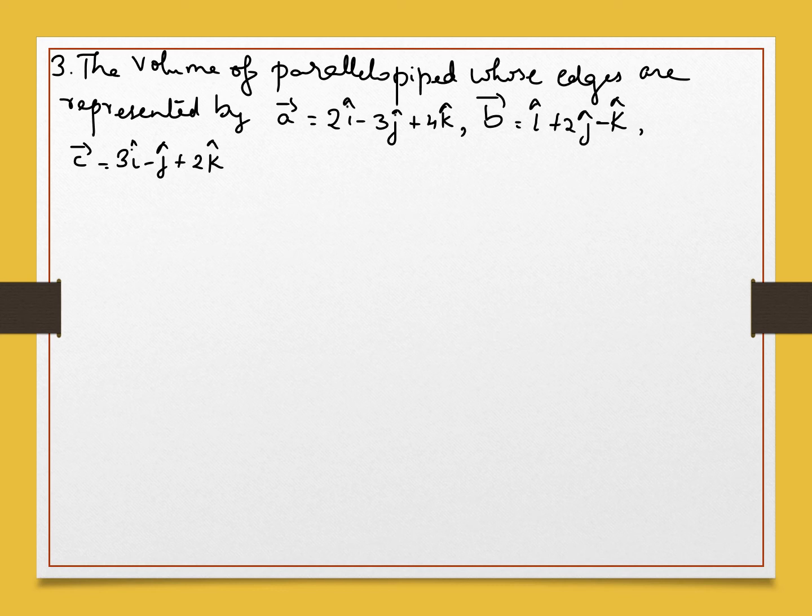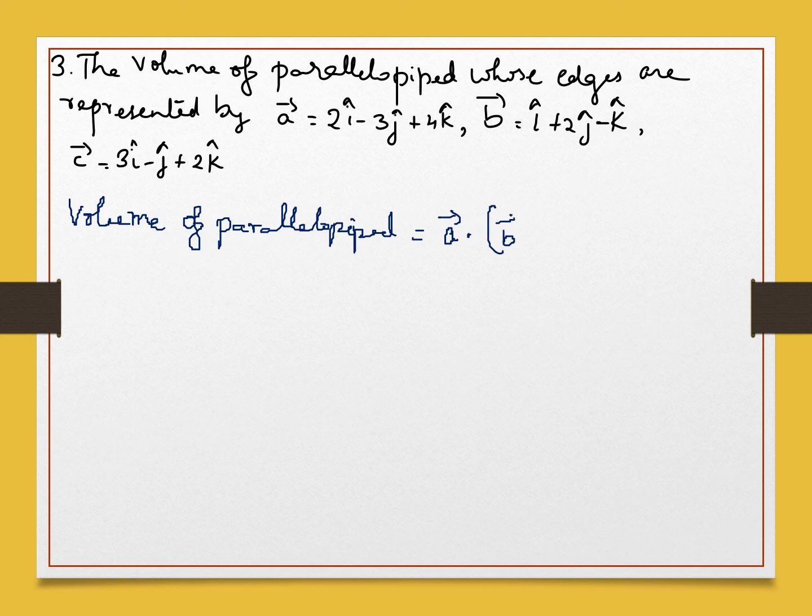The formula for finding the volume of a parallelepiped is A vector dot B cross C vector. So first we have to determine the cross product of B vector and C vector, and then the answer should be made a dot product with the A vector.